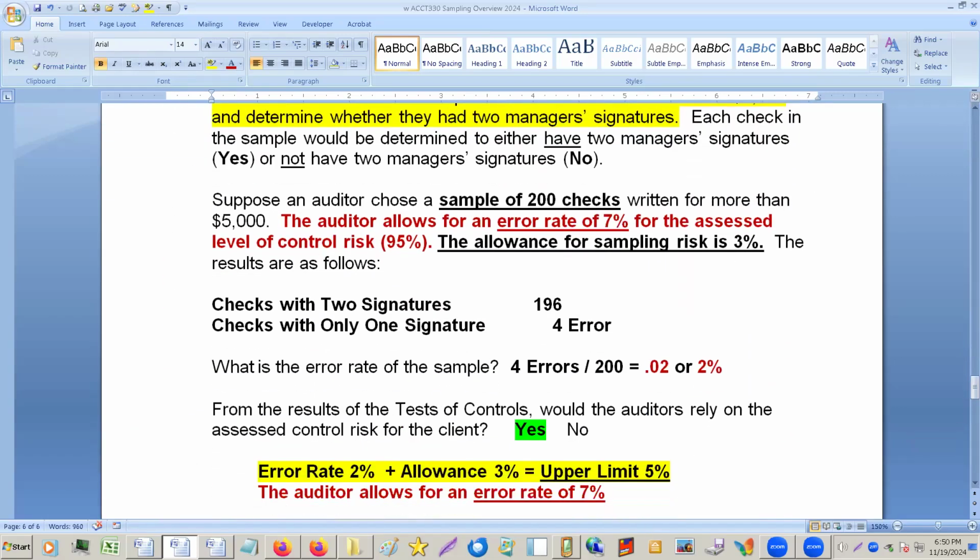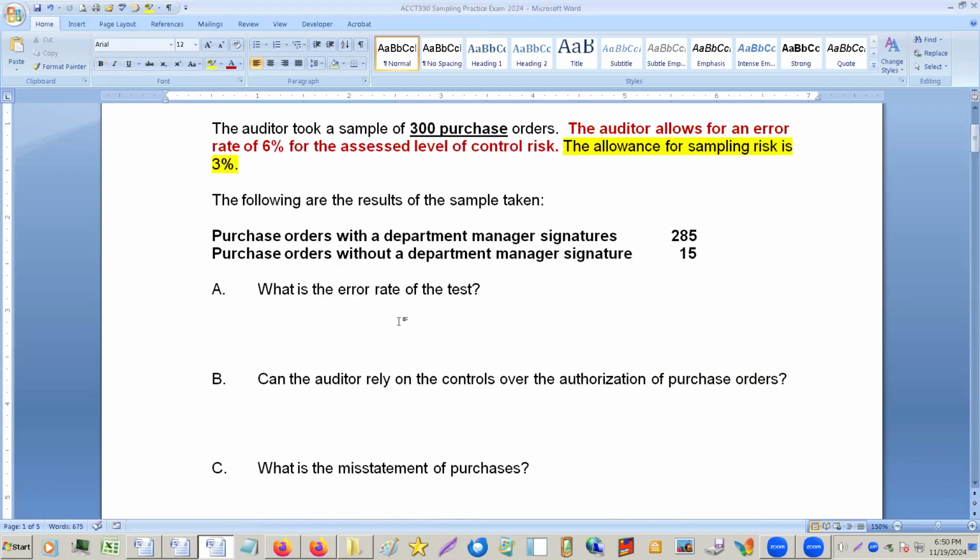Okay, errors. So we have 15 of the 300 in the total sample equals 0.05, or 5%.